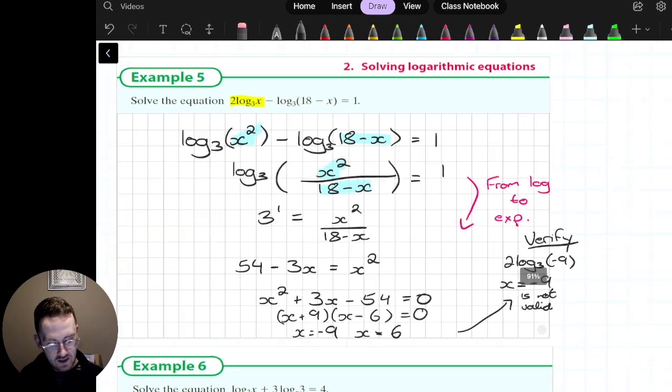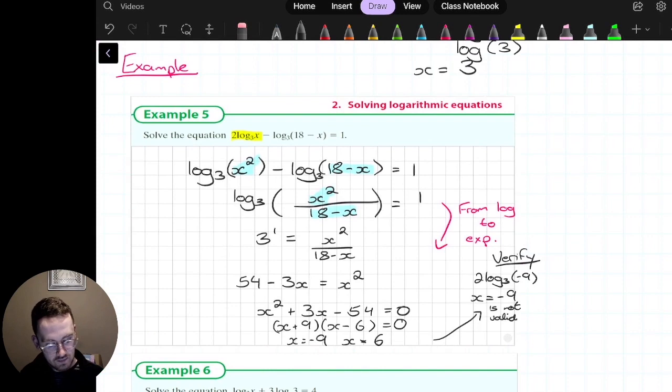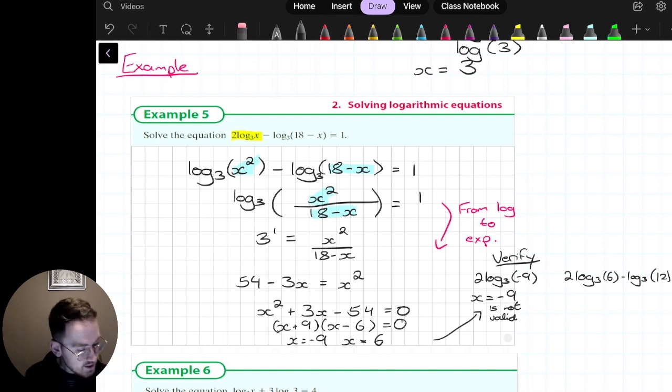If we try the other solution over to the side here, so 2 log to the base 3 of 6 minus log to the base 3 of 18 minus 6 is 12. Okay, working that out, again, we can use our calculator here. We don't have to work these out for ourselves. Log to the base 3 of 6 multiplied by 2.